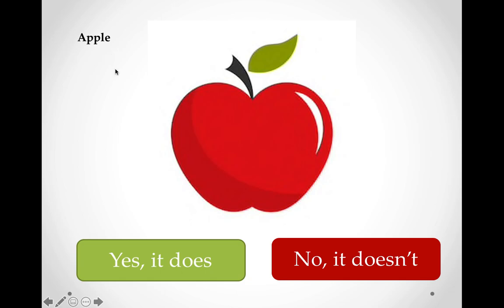Now the apple. So you can pause the video while I go over each item. And when I say the item to you, you can pause the video, get the object, put it in the water, and choose the correct answer. So will an apple float? Let me think.